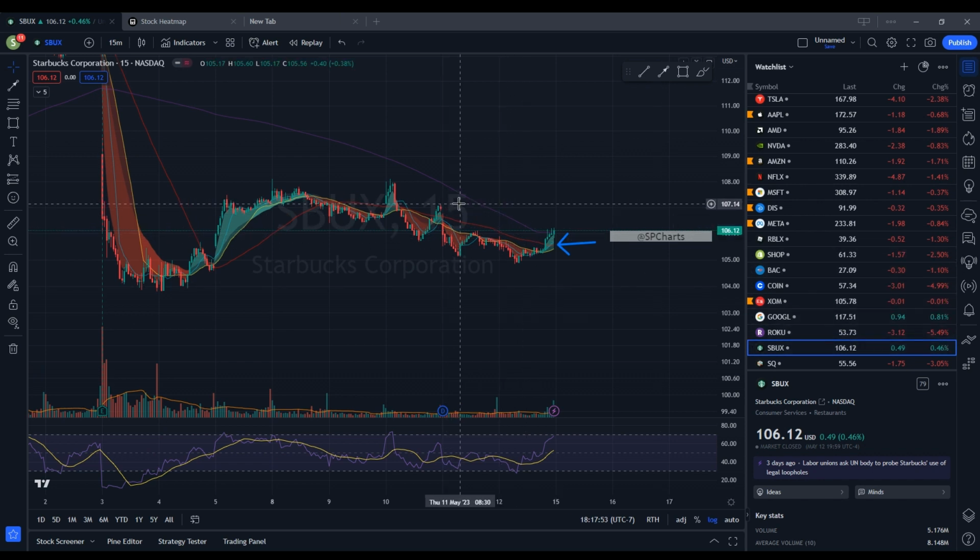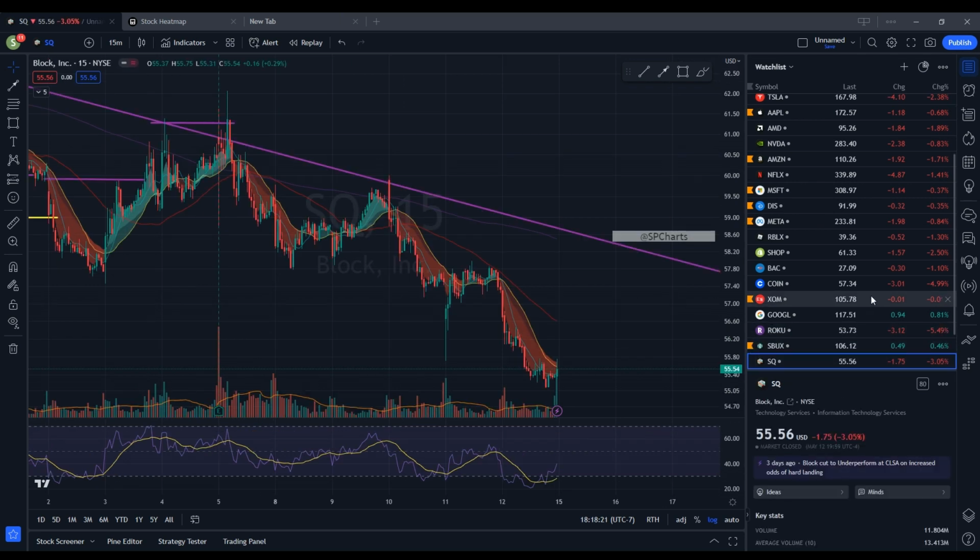And if that were the case, then you could pick the resistances from here. Let's see if it bounced right here. Ideally the price target would be this 108 level, but you can take profit at any sort of resistance that you see. One could be right here, this 107.06. I like that. I'm going to flag that.